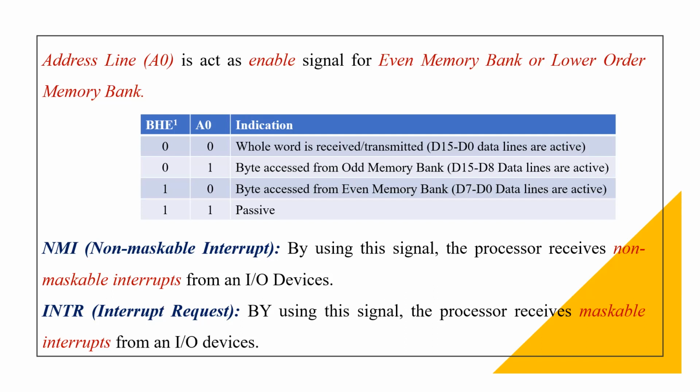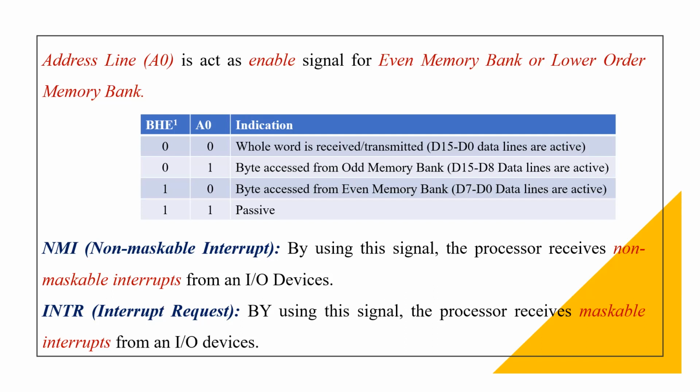That is, a whole word is received or transmitted to or from memory. That means both 16 data lines D15 to D0 should be active, because to each memory bank we are connecting 8 data lines. For the odd memory bank we connect D15 to D8, and for the even memory bank we connect data lines D7 to D0.